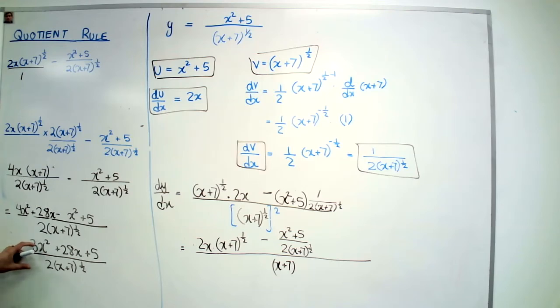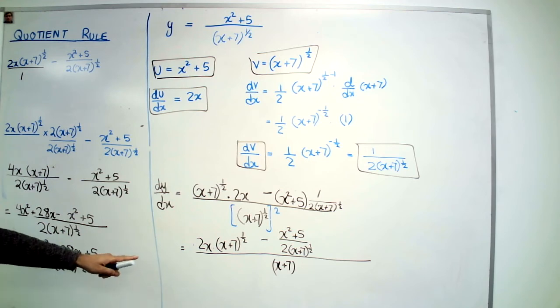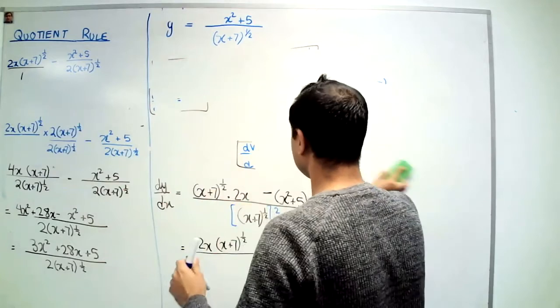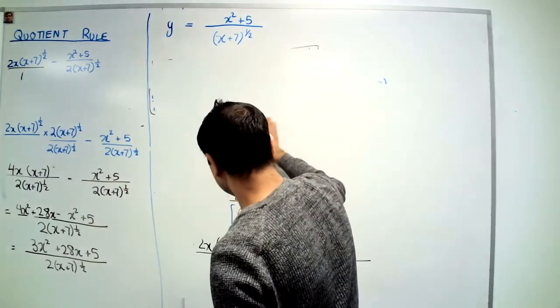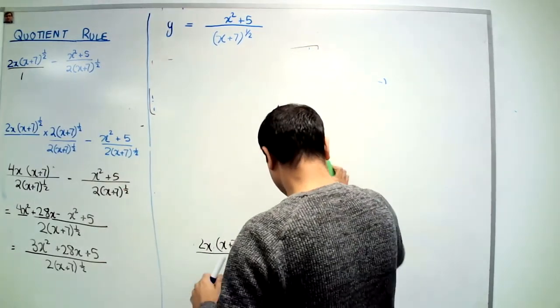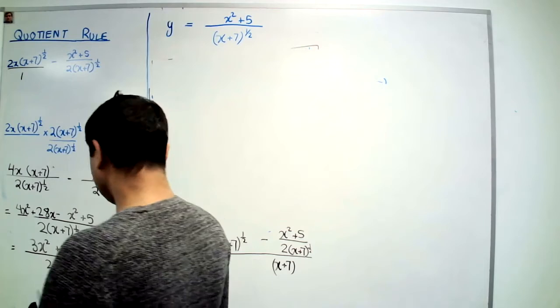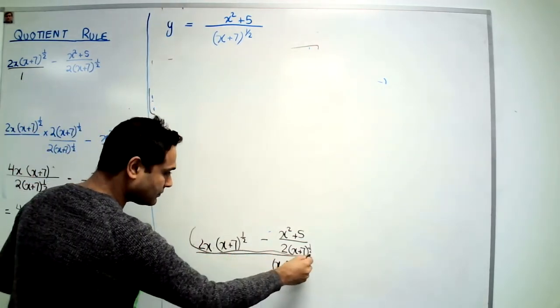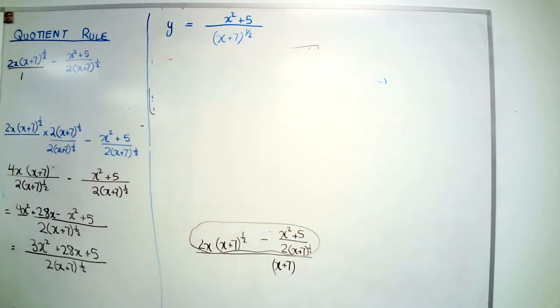So I need to put this thing back into this equation. When I put that back into this equation, what will actually happen? Let me just clear the board from here. So this thing is just that one divided by x + 7.